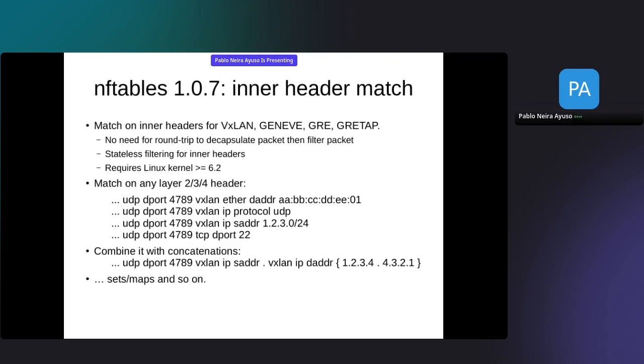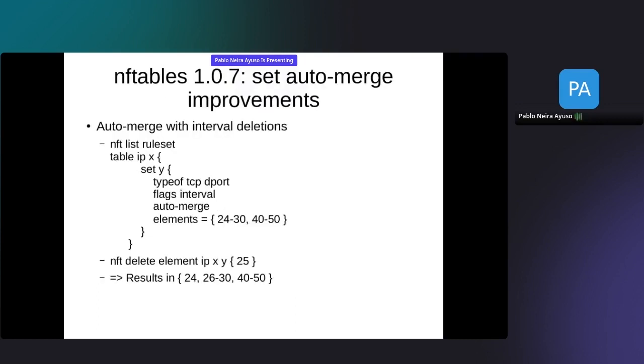It's not just simple matching like this: you can combine it with concatenations, set maps, and all the features that are available in nftables. If one of those features combined with this inner match is not working, that is a bug and needs to be fixed. But all the facilities available can be combined.